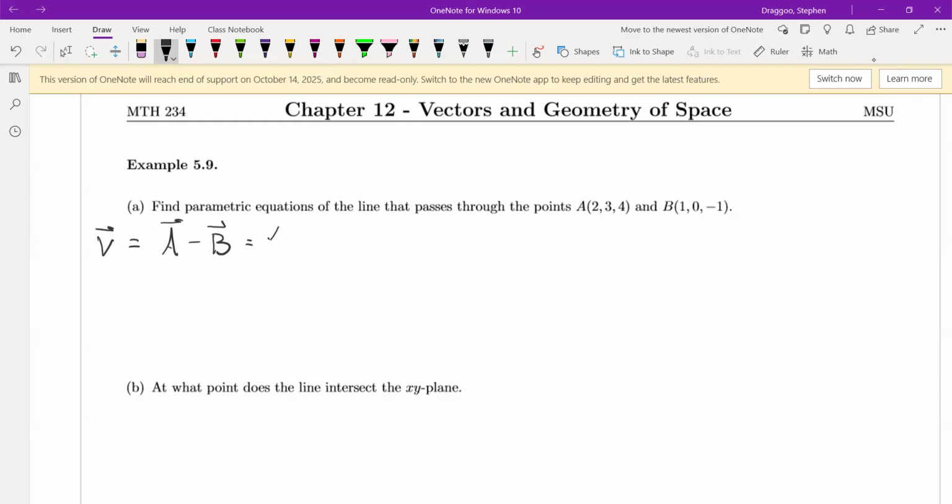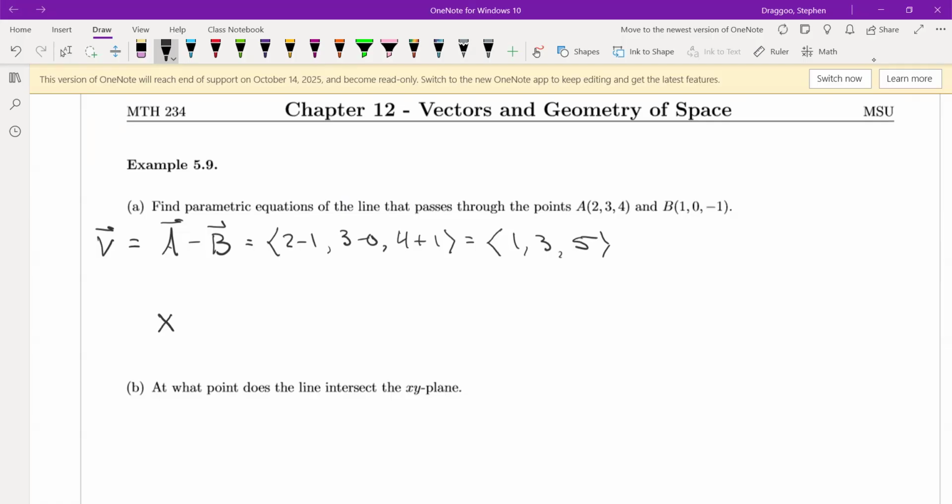So a minus b, that's going to look like 2 minus 1, 3 minus 0, and 4 minus -1, which I think is going to be 1, 3, 5. And from there, I just need my 3 parametric equations, which are x, y, and z.